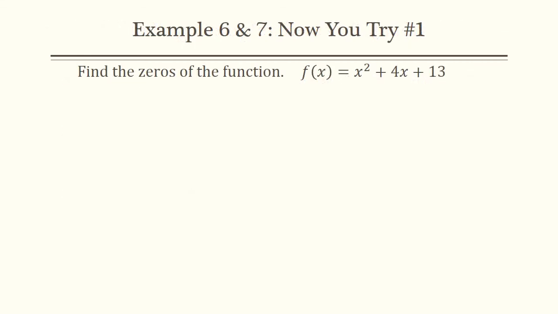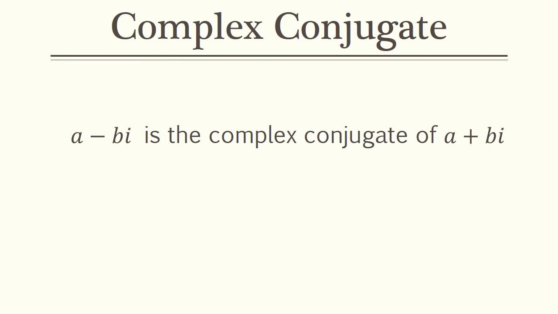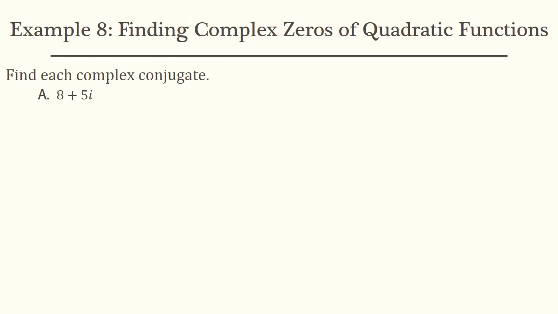So now that I did 2 for you, there's 1 for you to do for me. The last thing that we need to talk about is complex conjugate. Complex conjugate: a minus bi is the complex conjugate of a plus bi. We're going to work on finding the complex conjugate.